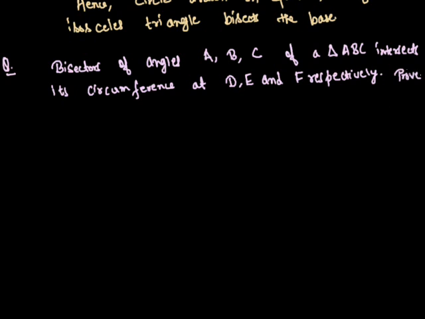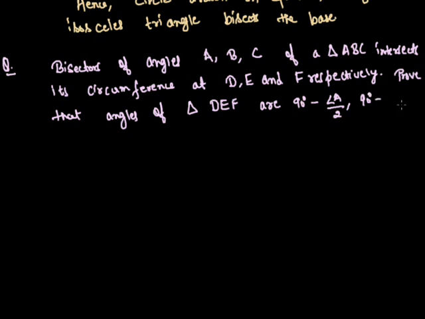Prove that the angles of triangle DEF are 90 degrees minus angle A by 2, 90 degrees minus angle B by 2 and 90 degrees minus angle C by 2.